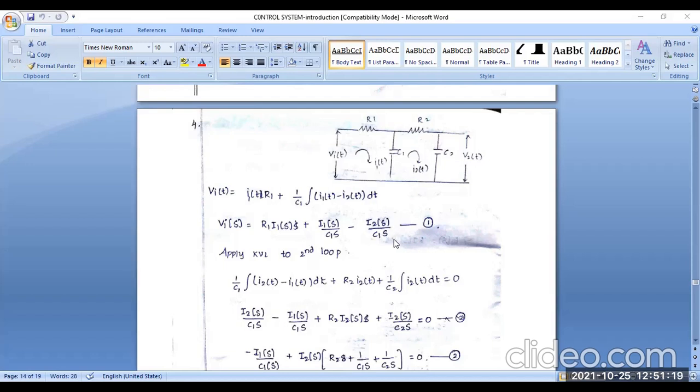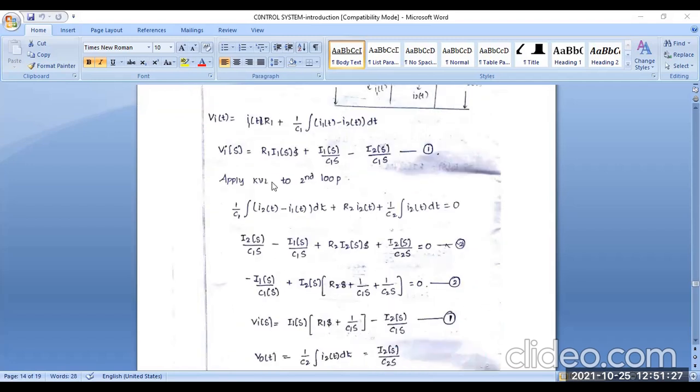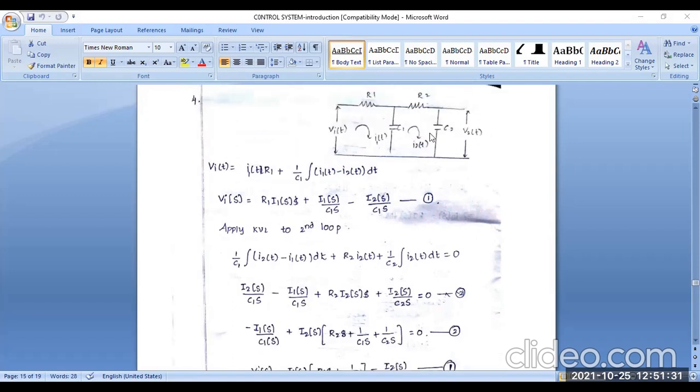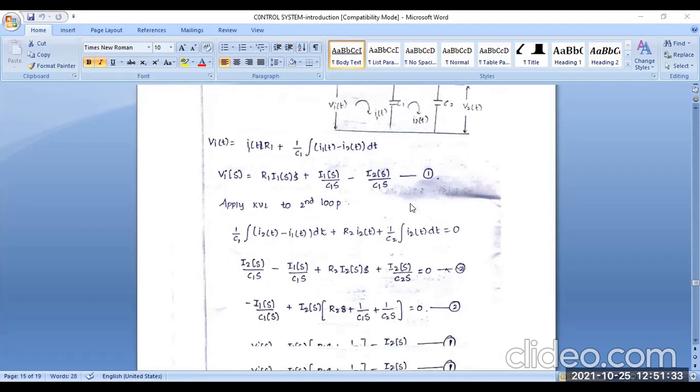Okay, so basically first we apply the Laplace transform in the given network circuit. Then we have to apply the KVL law in the second loop. This is the second loop also. So we have to apply the equation. So the equation is coming 1 by C1 integration of i2(t) minus i1(t) dt.